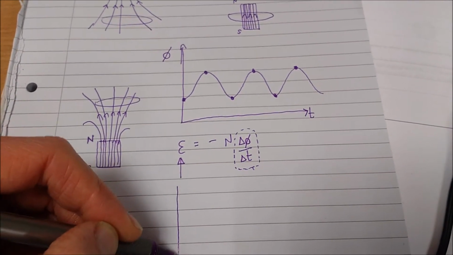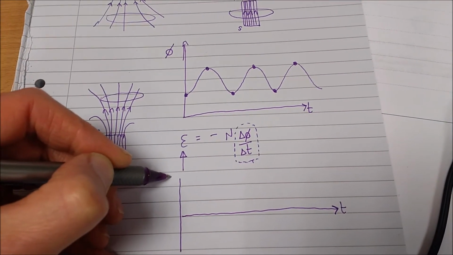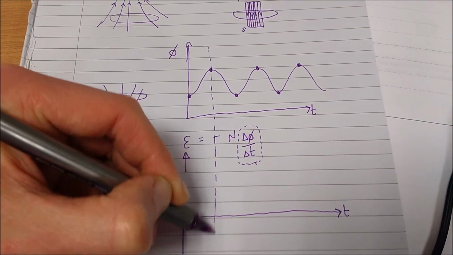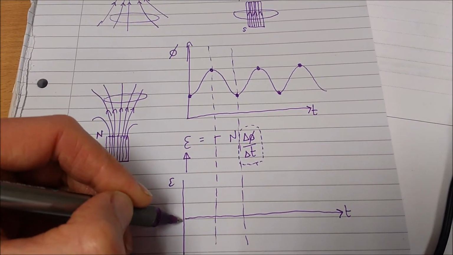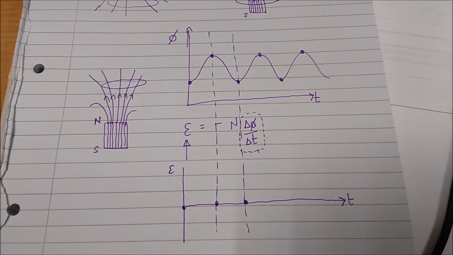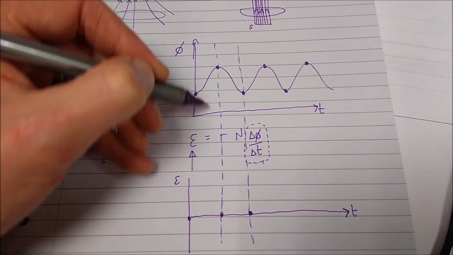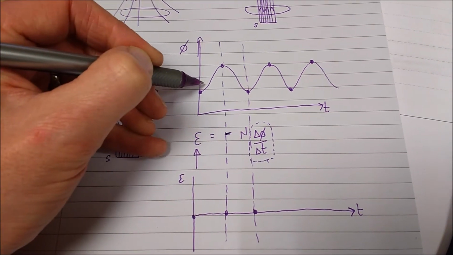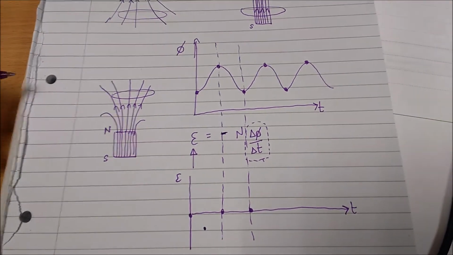So you could, if you wanted to, plot a graph below of EMF versus time. If we keep these graphs synchronized and work down, since the rate of flux change is 0 at those points, we'd get a 0 EMF. Here you've got a positive rate of flux change, a positive gradient, but since you've got a minus sign in Faraday's law, a minus positive gives a minus, so you're going to get a negative EMF.